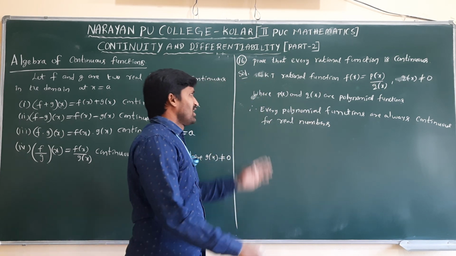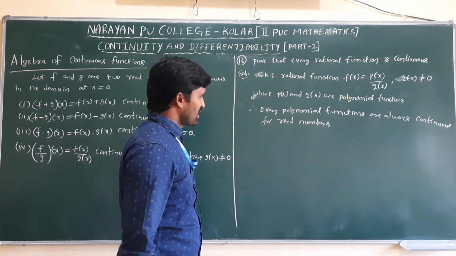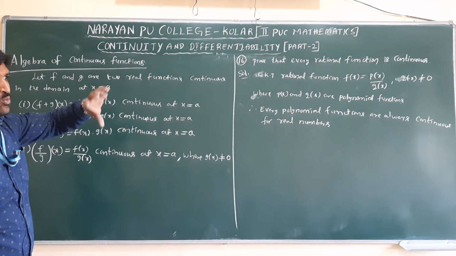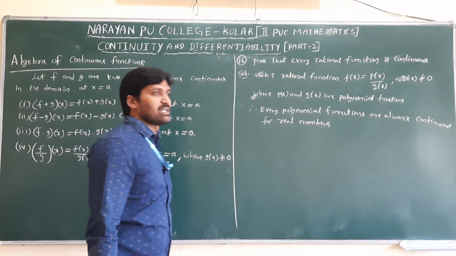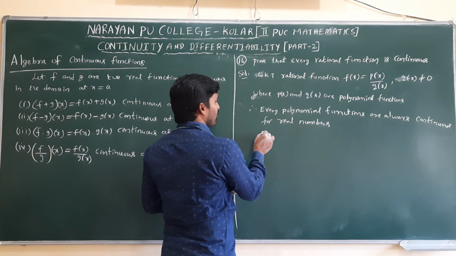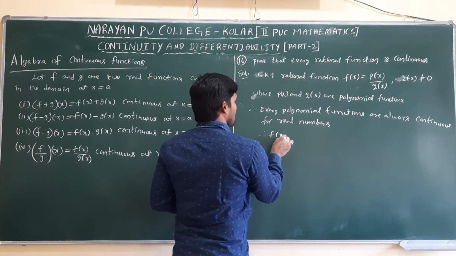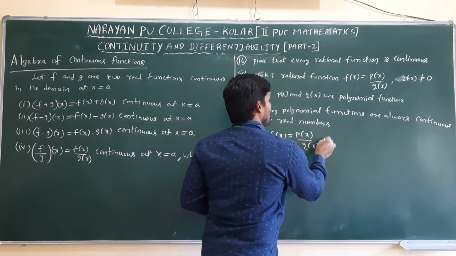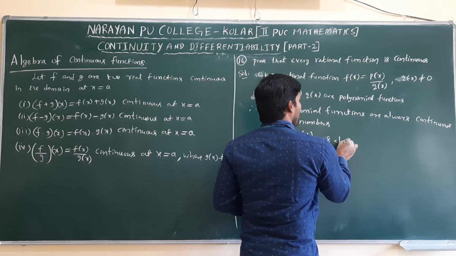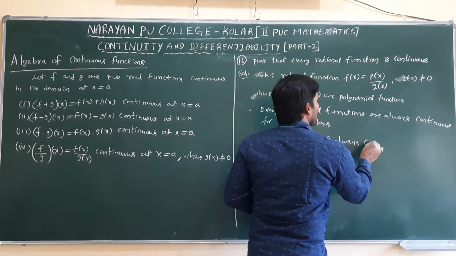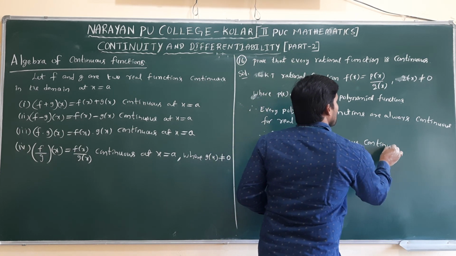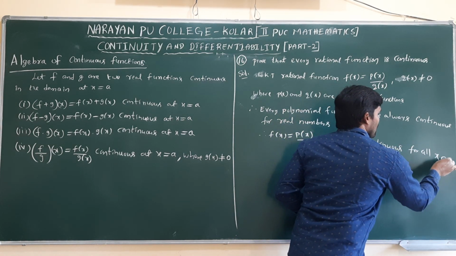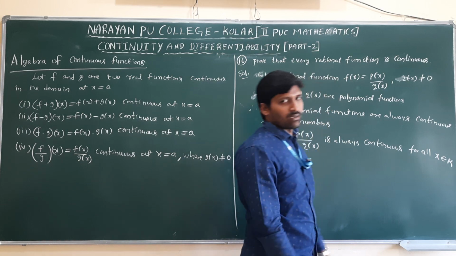So p of x and q of x are continuous. As we just did, when two functions are continuous, the ratio or division of the two functions is also continuous. Therefore f of x equal to p of x by q of x is always continuous for all real numbers, that is x belongs to R.